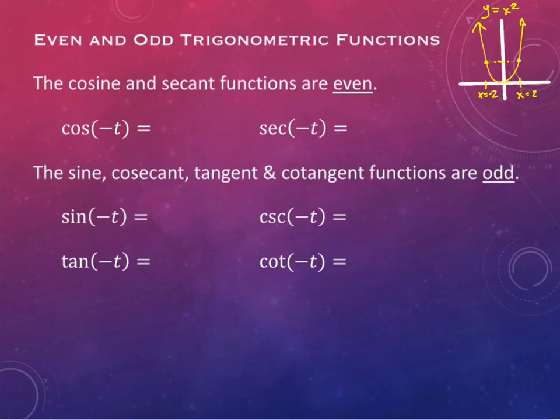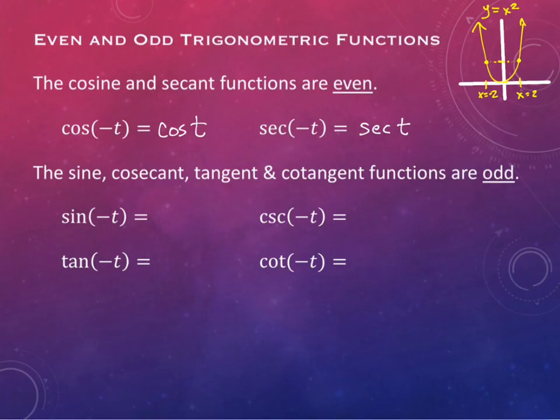So when I look at the equation of cosine of negative t, it's the exact same thing as the cosine of t, because it's even. Just like in the picture with our square function, if you put in 2, you get the same value as if you put in negative 2. And the same is true for secant. Secant is the same value whether you put it in as positive or as negative. If you want to, try your calculator for just a second. It doesn't matter what angle you pick.